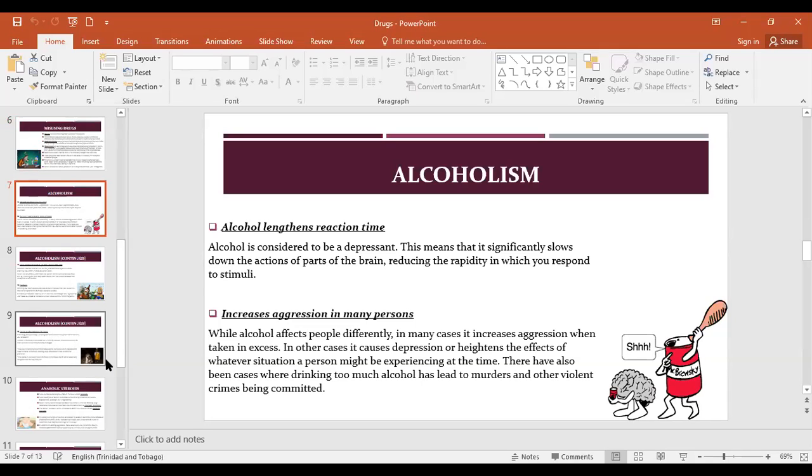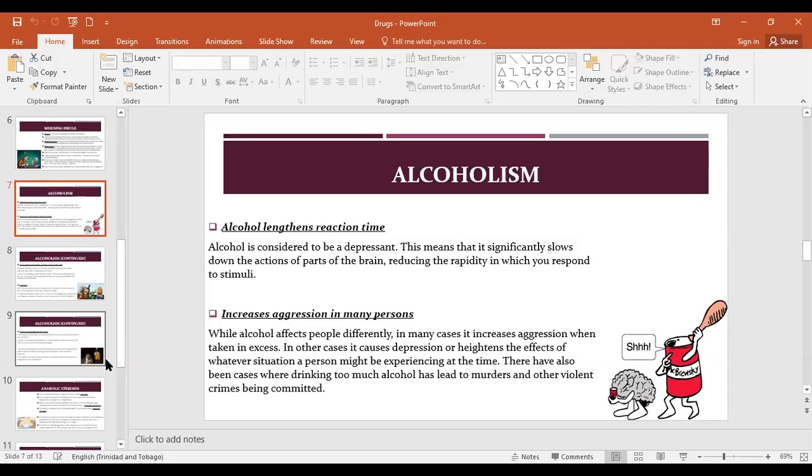Okay. Because it could either increase aggression or it could increase depression. So some people when they drink could become aggressive. Some other people when they drink could become more depressed. So that's why people would end up just crying and all of their emotions would be released. So it affects people differently.